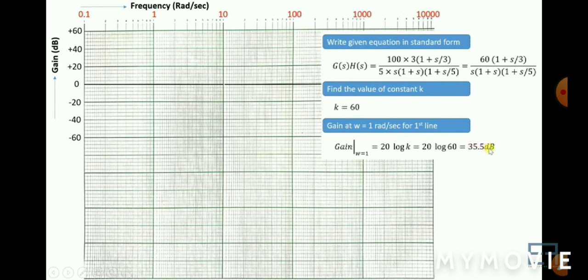Reference values 0, plus 20, plus 40, plus 60, minus 20, minus 40, minus 60, right. I am not drawing any reference line, so directly we will draw the main magnitude line.